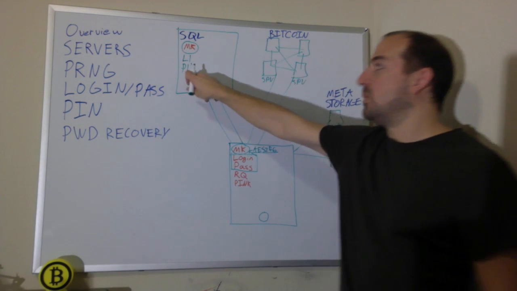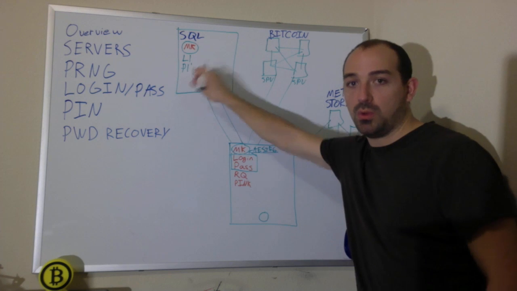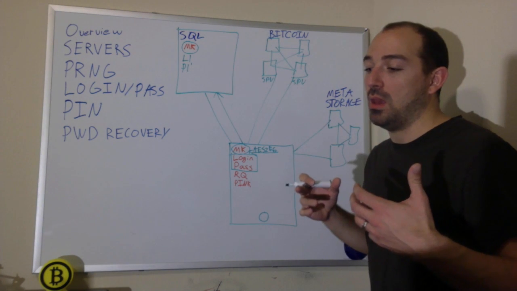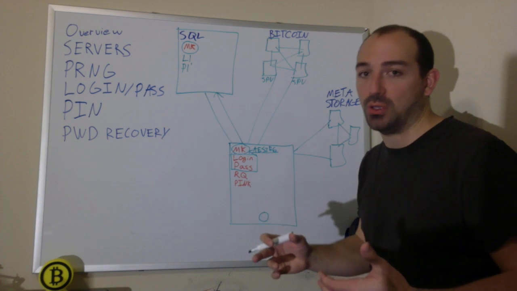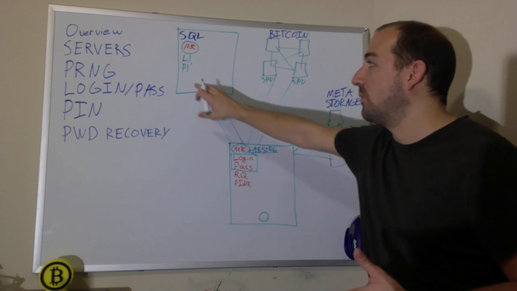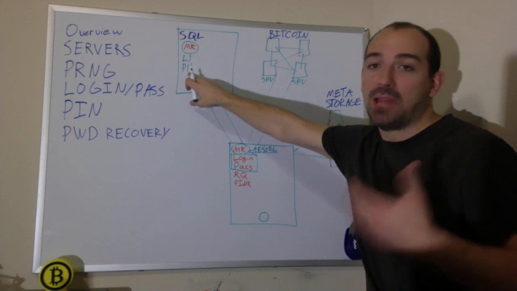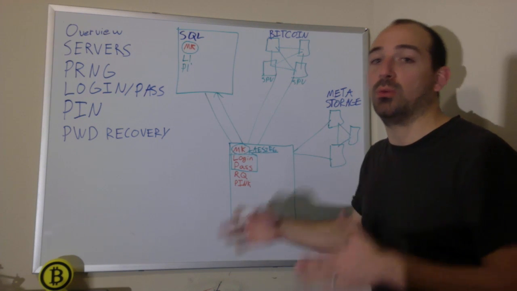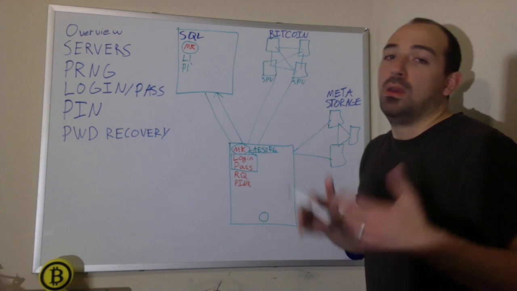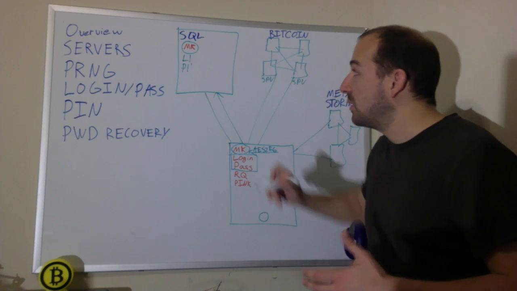Best practice for password storage is to salt your password and hash it. But they go one step further. They take your hash password, salt it, hash it again, and store that along with the salt.